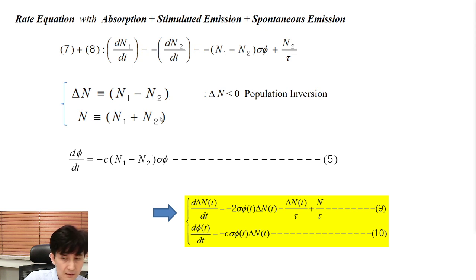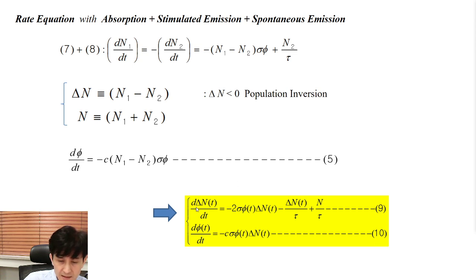So we rewrite the rate equation for the number of atoms and the rate equation for the photon flux using delta n and N. Then we obtain equations 9 and 10.